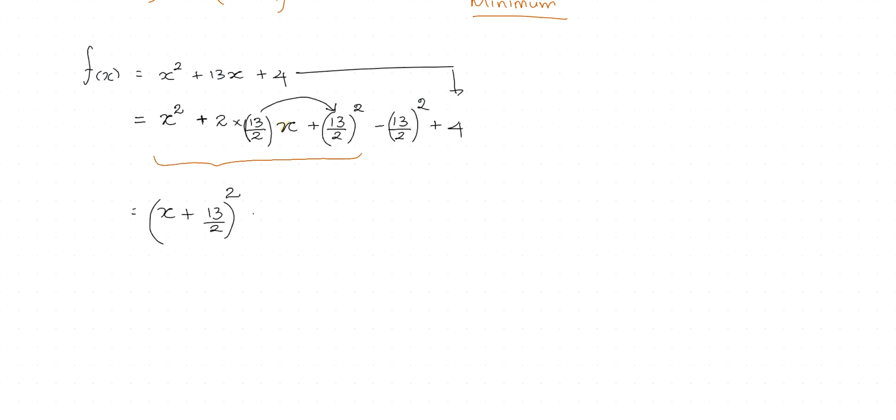And we have 4 minus (13 by 2) whole squared. So (13 by 2) whole squared is 169 by 4. So that is (x plus 13 by 2) whole squared, plus 16 by 4 minus 169 by 4. You can either use your calculator or do your mental math.